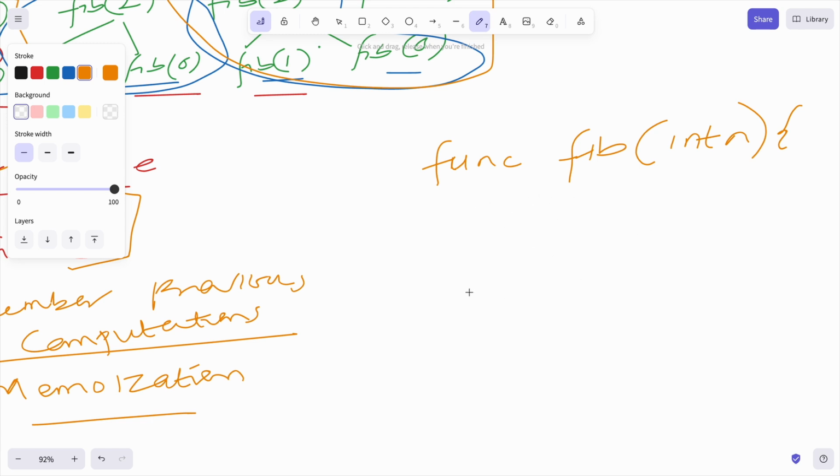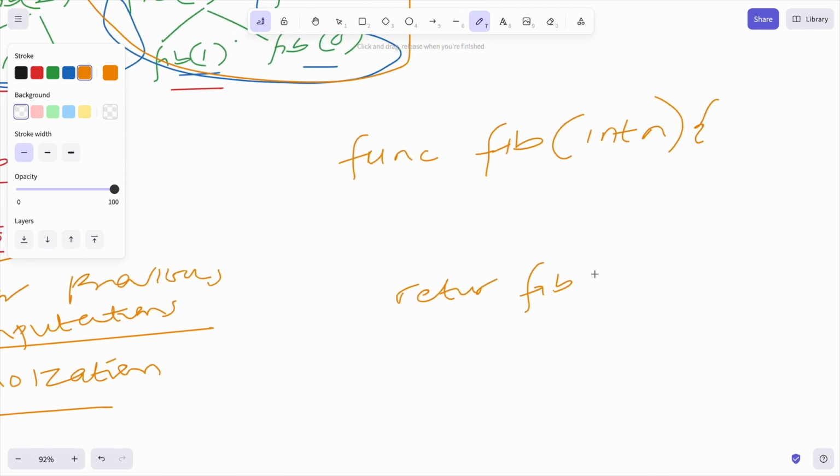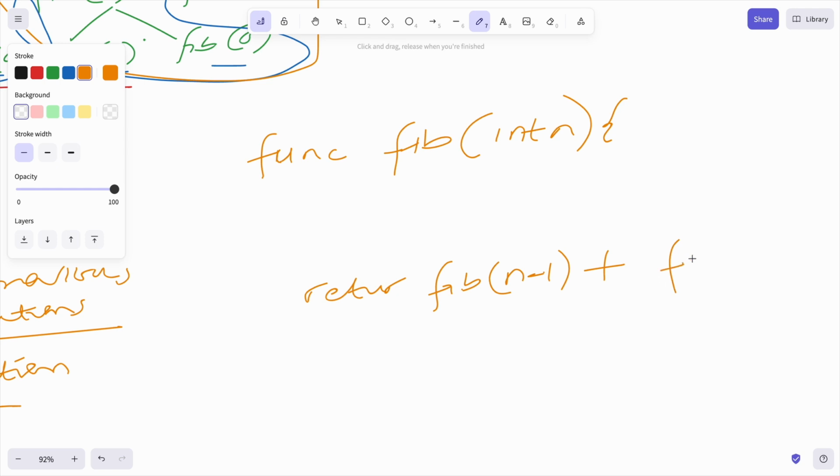What we need to do is just return fib of n minus 1 plus fib of n minus 2.